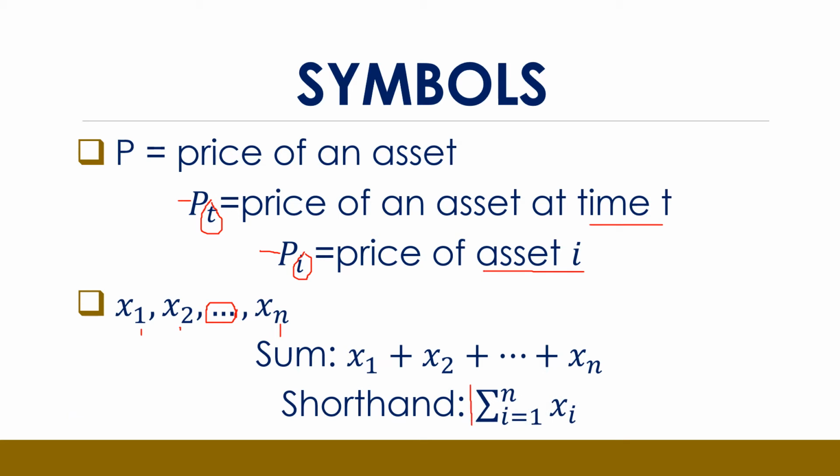This is the summation sign here. It indicates that we are summing the values of xi, and i itself varies from 1 all the way to n. You will encounter this summation sign quite a number of times in econometrics.